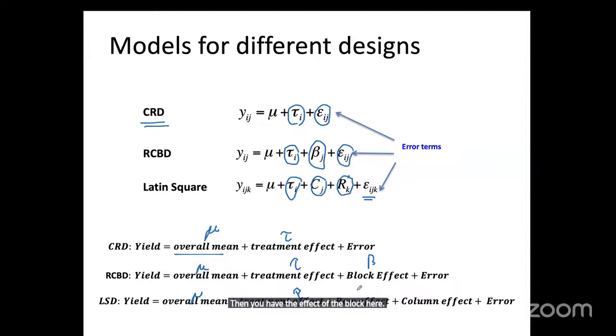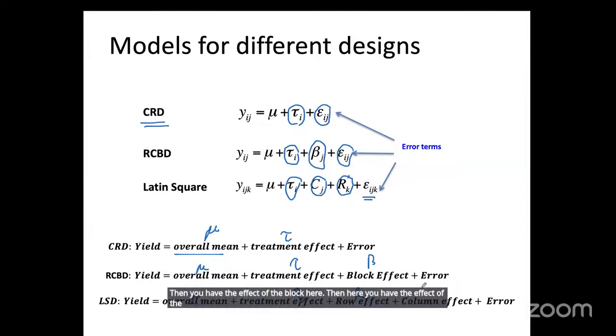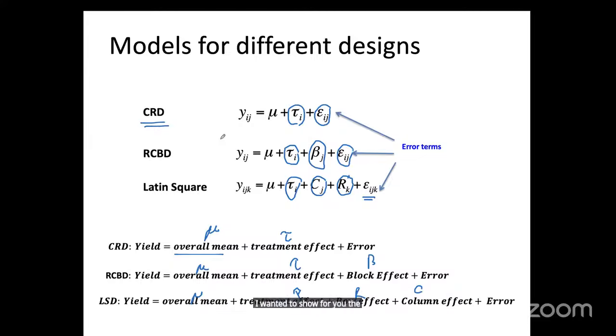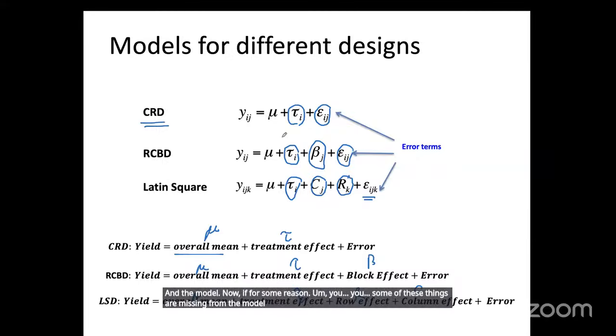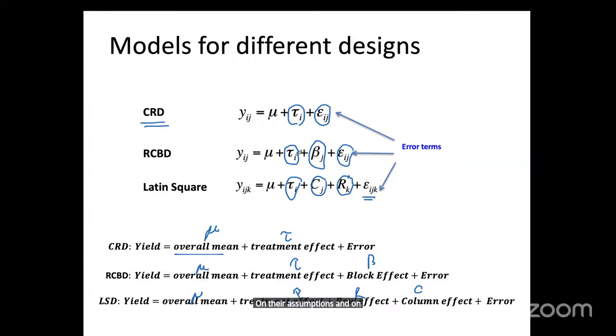Then here you have the effect of the row, then the effect of the column, and then you have the error. So at least I wanted to show you the relationship between the design of the study and the model. Now, if for some reason some of these things are missing from the model, it's going to have an effect on the assumptions and on many things that you're going to see later on. Okay. So let me see if there are some questions in the chat.